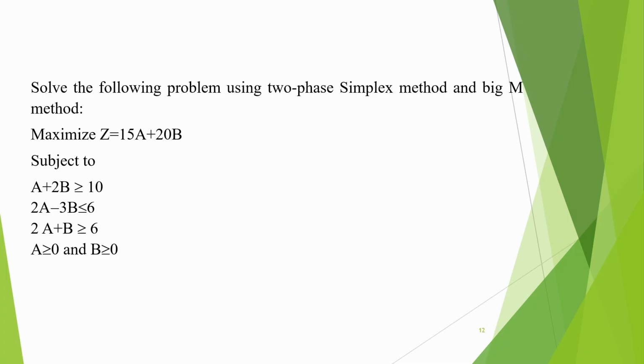M has to be very big, and if you take a very big number, then such difficulties may arise, because some coefficients are very small, some coefficients are big. So, round off difficulties may be there, but in two-phase method those problems are not there, the only thing is you have to do the problem in two phases. So, these are the pros and cons.